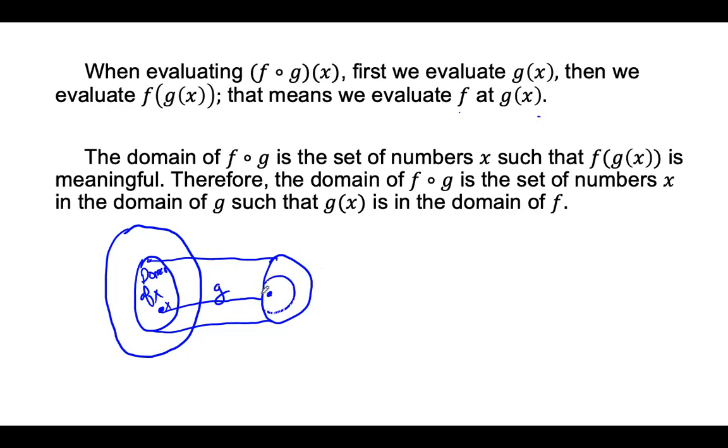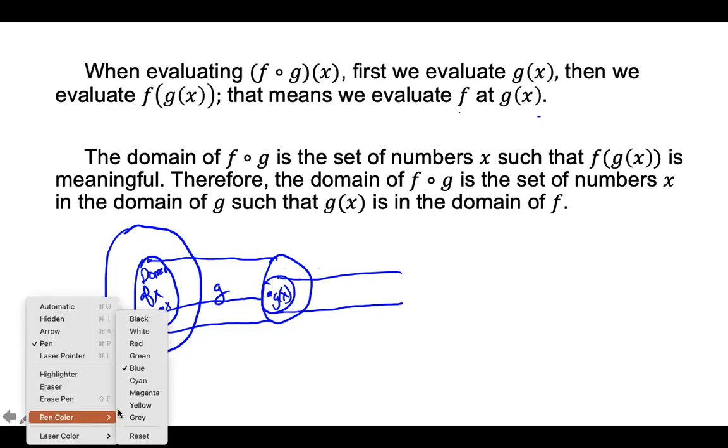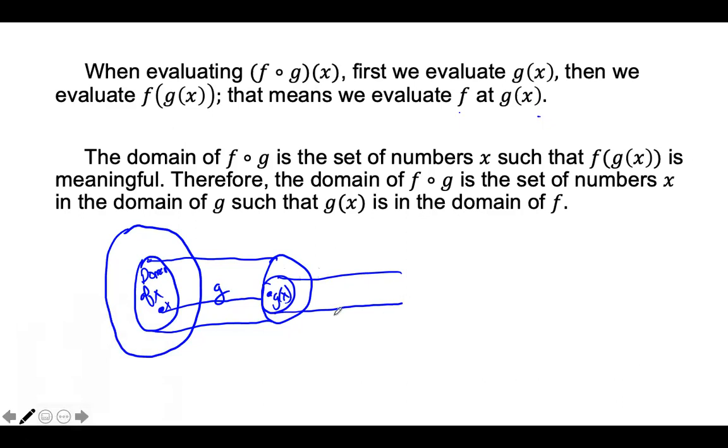Let's say it's this area. And we're applying our f. Let's use a different color. And then you can go back here. So that would be our domain.